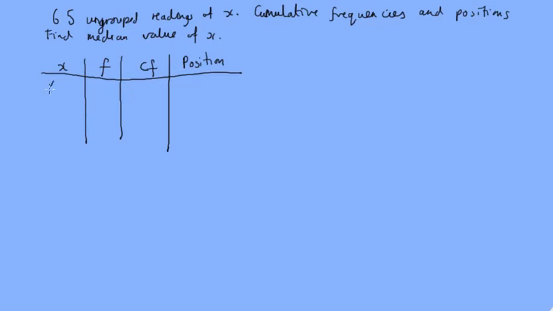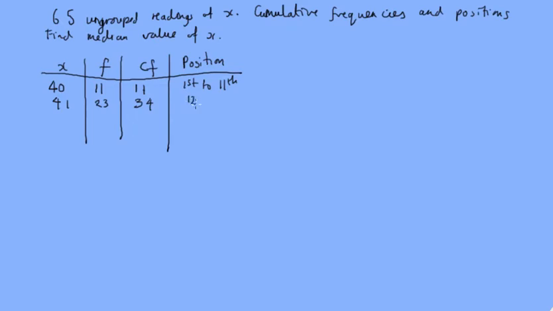So when x is 40, 11 times, and the cumulative frequency is 11. So that's between the first to the 11th position. Then it's 41 23 times, and this takes us from the 12th to the 23rd, so the cumulative frequency is 34.